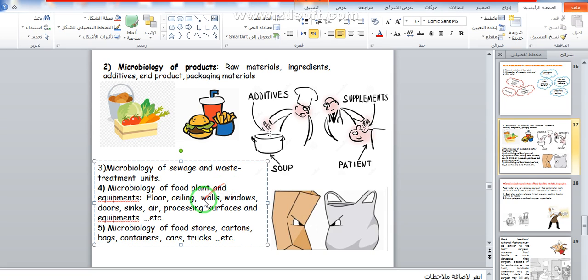The microbiology of food plant equipments, from the floor to the ceiling, walls, windows of the food plant, doors, sinks, air, processing surfaces, and equipments. The microbiology of food stores, carton, bag, container, cars, trucks, etc.